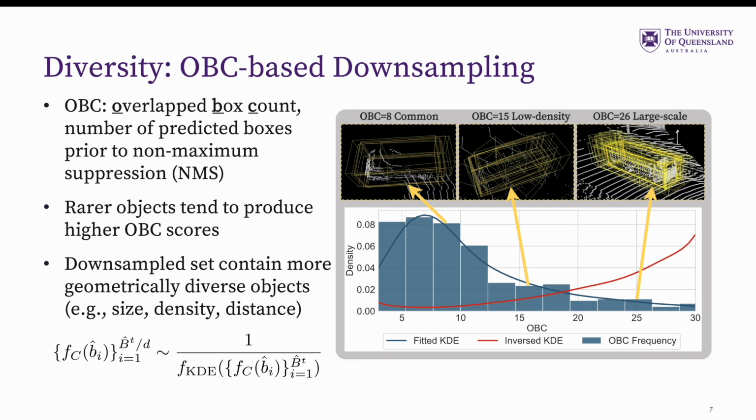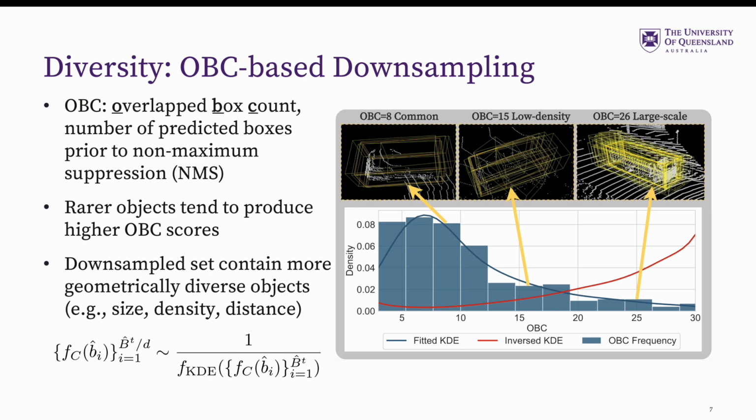To solve the object shifts, we propose an OBC-based downsampling approach to downsample the pseudo-label set to make it contain more geometrically diverse objects. We introduce the overlapped box count (OBC) metric, representing the number of predicted boxes prior to NMS, as an effective measure of object diversity.